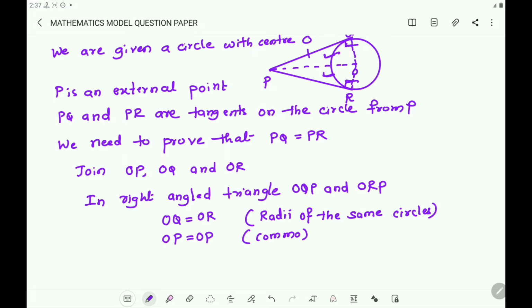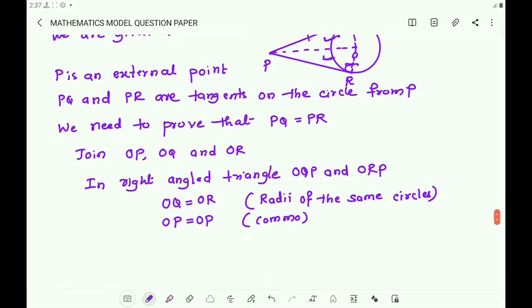Now you can write that, according to the RHS postulate, in a right angle triangle, if the hypotenuse and a side are correspondingly equal to the hypotenuse and a side of the other right angle triangle, then those two triangles are congruent.